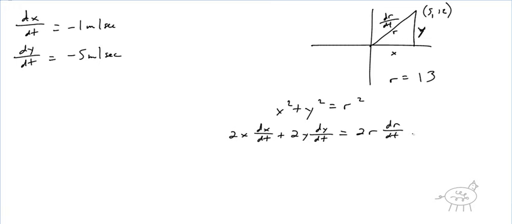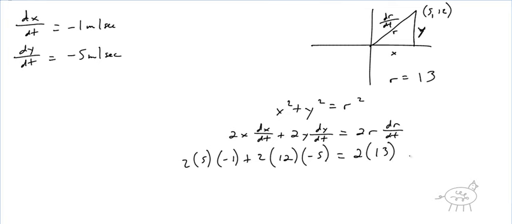All right, and it's easy. Now I plug the stuff in. So it's 2 times x, x is 5, dx/dt is negative 1, plus y is 12, dy/dt is negative 5, equals 2, and then r is 13. We use that with the Pythagorean theorem, and then dr/dt.